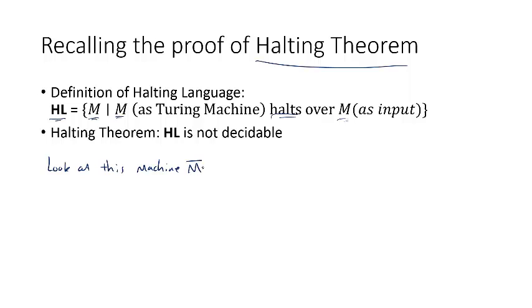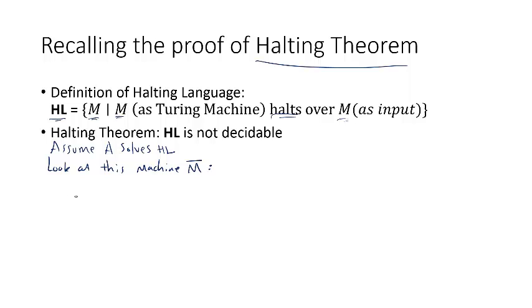We want to prove that it's not decidable, so we start with the counter-assumption that it actually is decidable. So we assume that there exists an algorithm A that solves the halting problem.